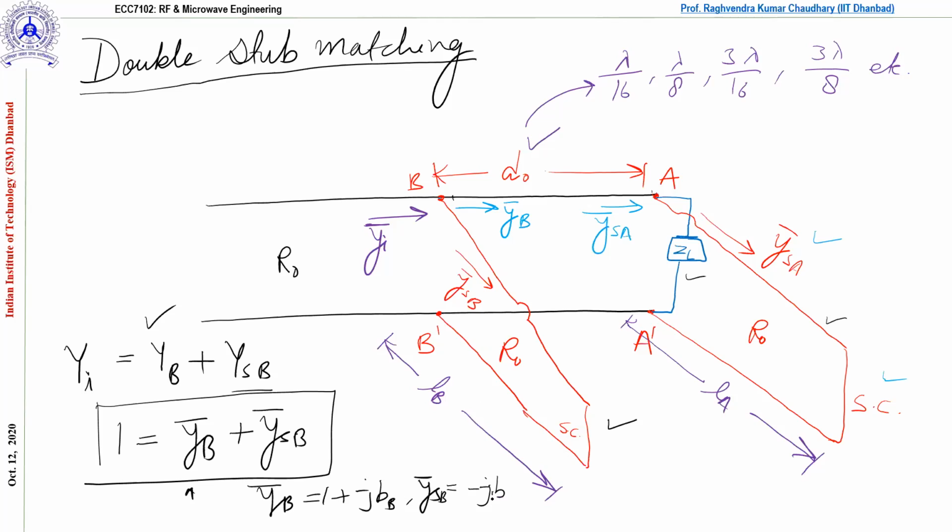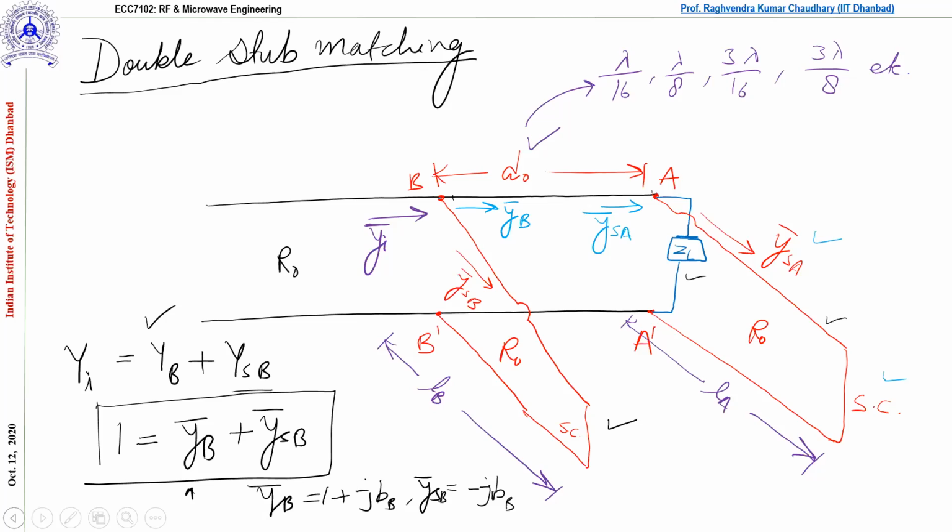Simple, correct? We already saw this in the last class for the single stub, and you are also free to choose YB equal to 1 minus jB and YSB equal to plus jB. So these are the two possible sets of solutions. These are the same requirements that we have seen in single stub matching.